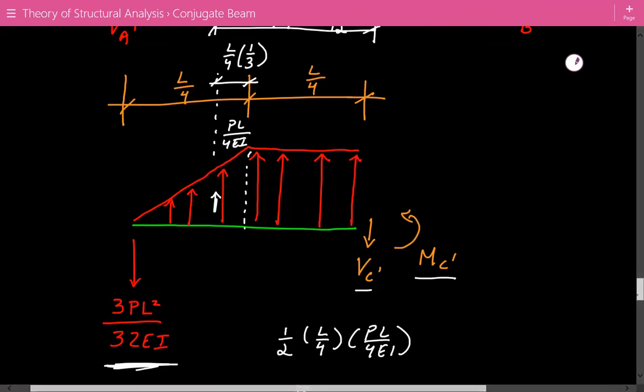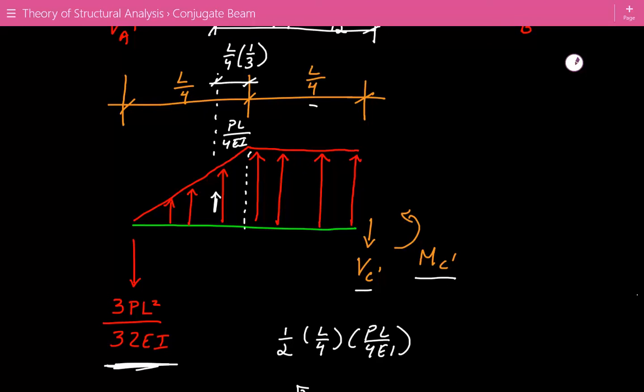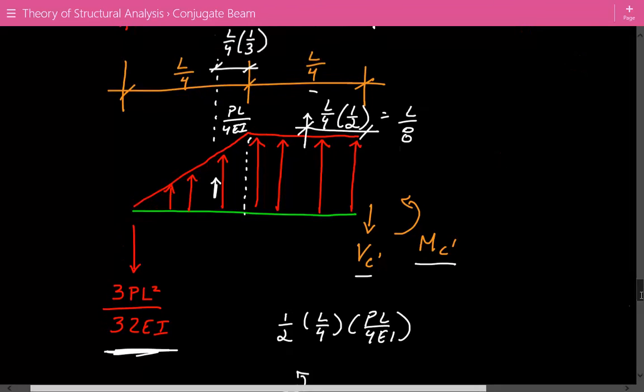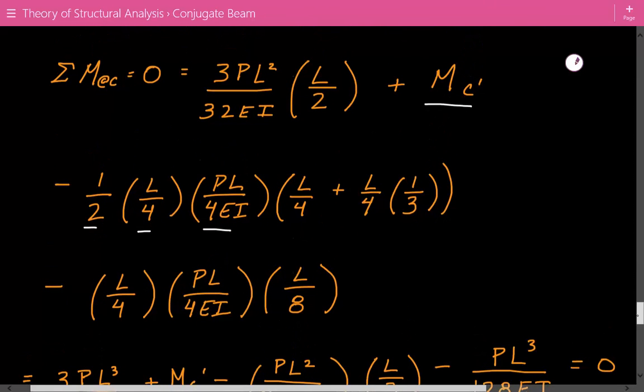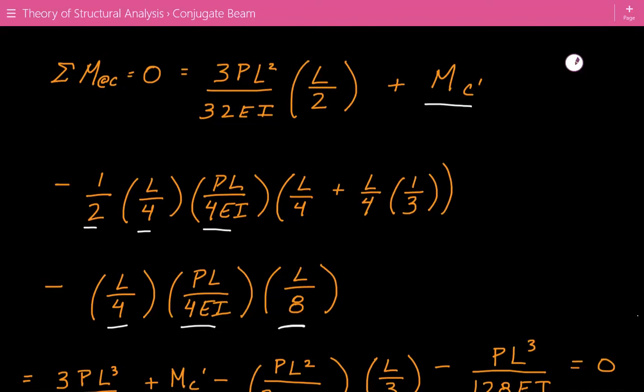The length is equal to L over 4, and the width is PL over 4 EI, and it acts in the center of this rectangle, and the distance from point C to the resultant is going to be L over 4 divided by 2, so that's L over 8. And that's what we have over here. L over 4 times PL over 4 EI times L over 8.